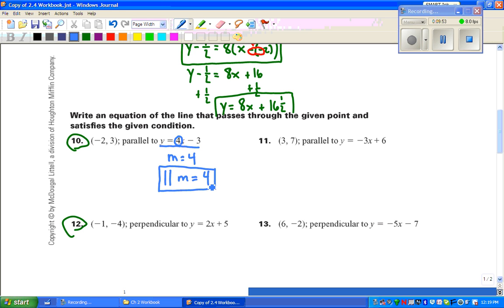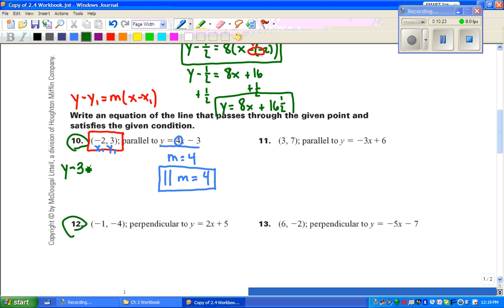So my parallel slope is going to be 4, and then I'm going to use this point right here. All right, slope and point. We should start off with this formula right here. That is your point-slope form. Okay, so let's label x1 and y1, and let's start writing our equation. Y minus, what comes next?